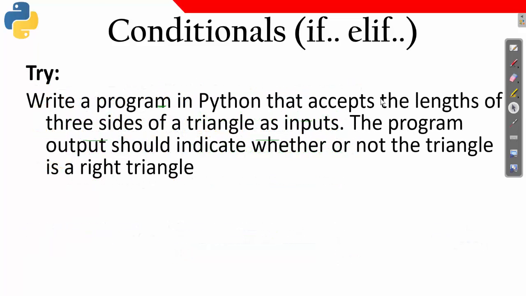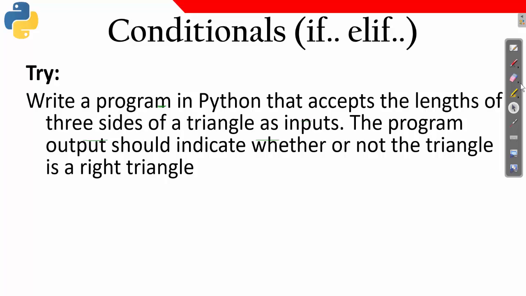Now you can write this program. What is that program? You are taking the sides of a triangle, and the print statement will say whether it is a right angle triangle or not.